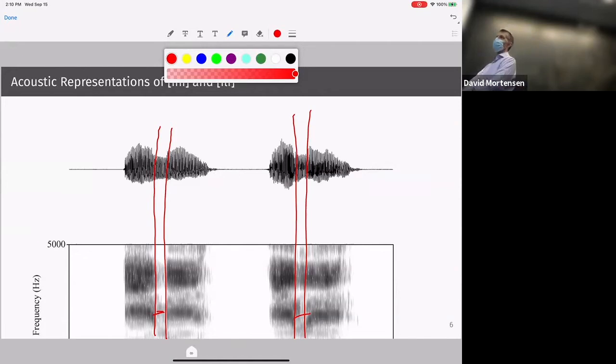But you essentially have a little pocket behind your tongue that's acting as another resonator. So laterals also have antiformants. Otherwise, they look a lot the same. And in fact, perceptually, laterals and nasals are quite similar in some respects.